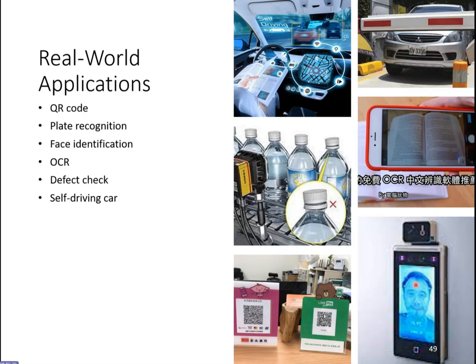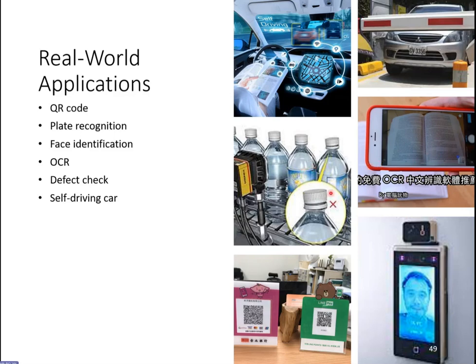And face identity. So this is face identification. You can see there are several face identity systems on the first floor, on the 11th floor, right? Once you get into the AI center, you can see this device. And OCR means you can recognize those characters through your camera.